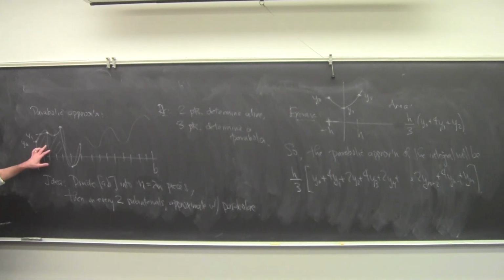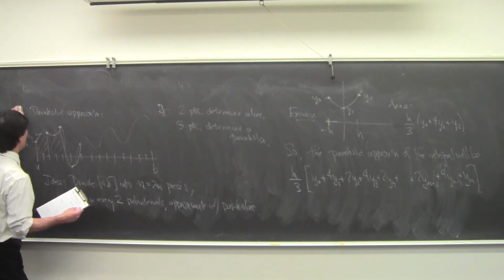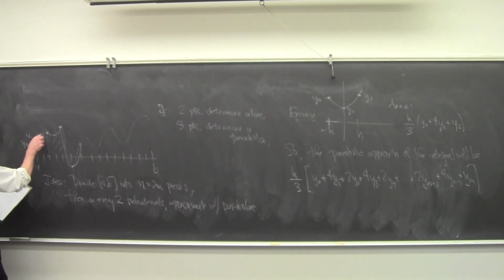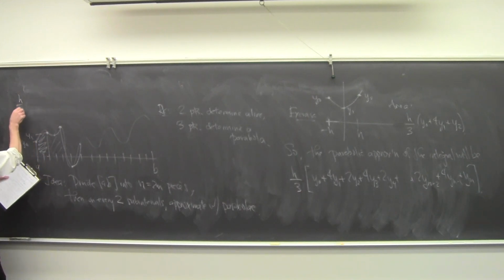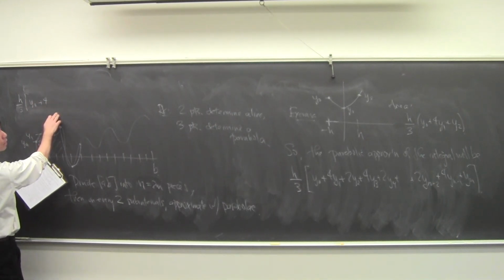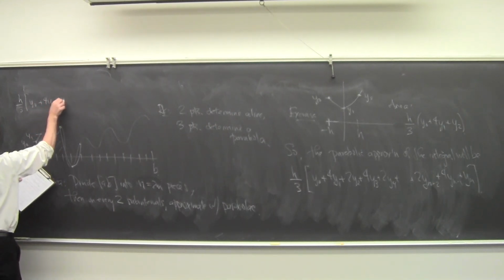The area of this first region is going to be h over 3 times (y0 plus 4y1 plus y2).